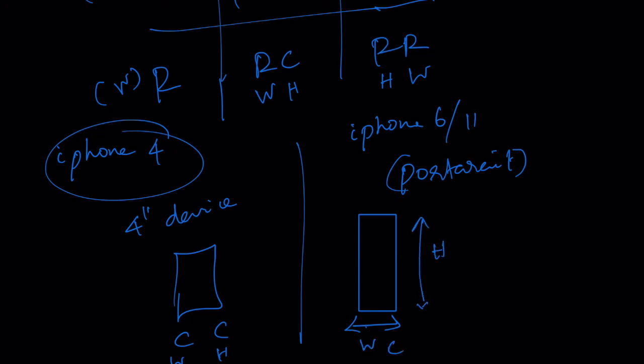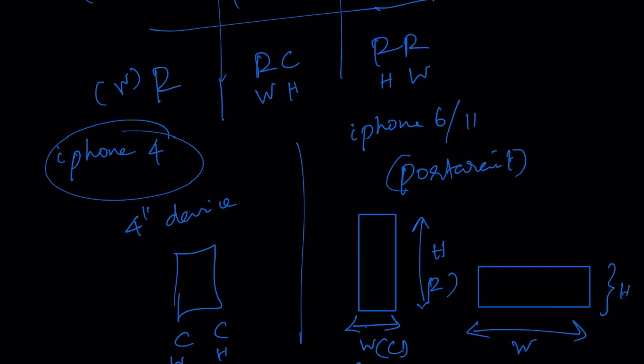Now the width is small, so compact, whereas the height is a normal one, so we call it regular. So this falls under compact width and regular height size classes. And if you turn the iPhone to landscape orientation, then your width becomes this one and your height becomes this one, so the width is regular, whereas the height is compact.